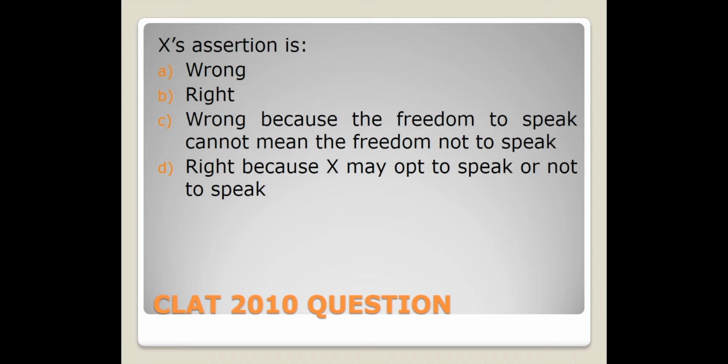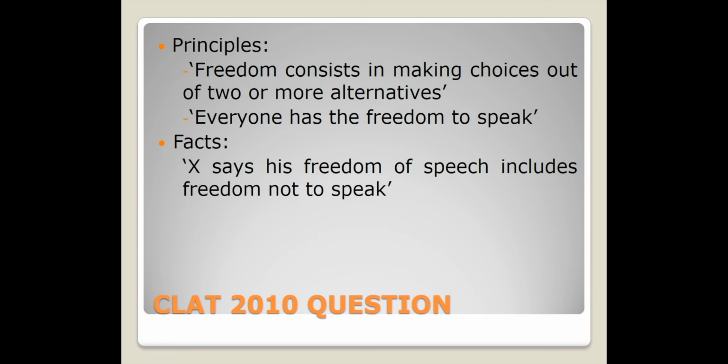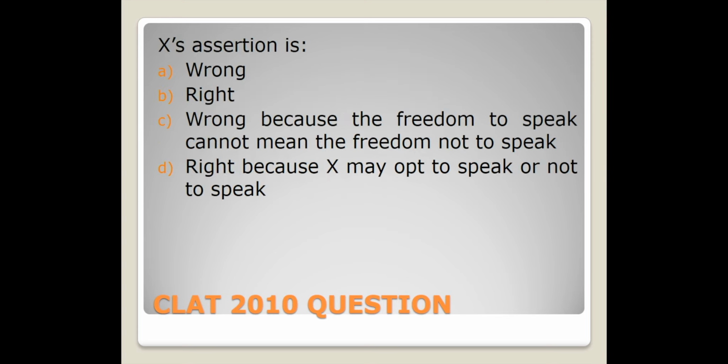Now the answer to this question will be X's assertion is right, obviously, because clearly the freedom to speak also includes the freedom not to speak. So the freedom consists in making choices out of two or more alternatives. So in this case, his alternative that he is choosing is to not speak. So that is also a valid alternative. So X's assertion is right. The answer is B.